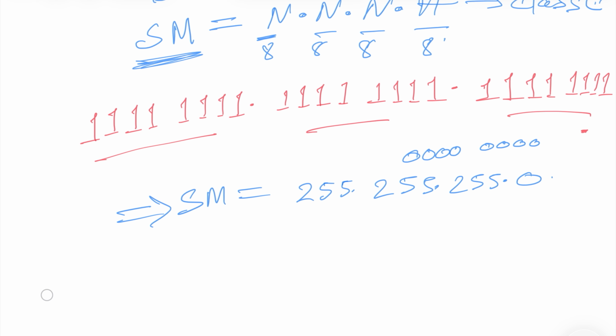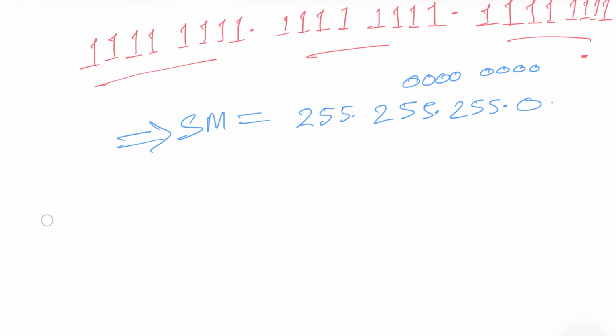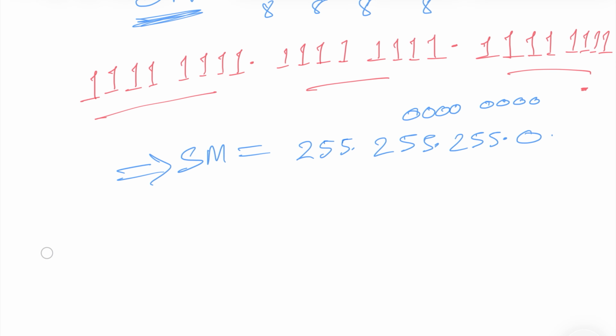So what happens, I will just repeat myself, once you provide an IP address and a subnet mask, they perform an AND operation. So I think it's better, let me write it down again.